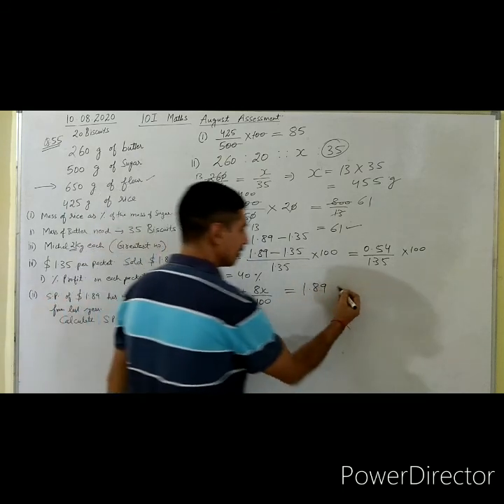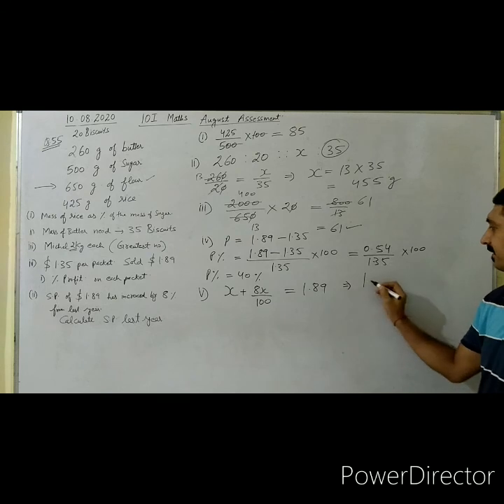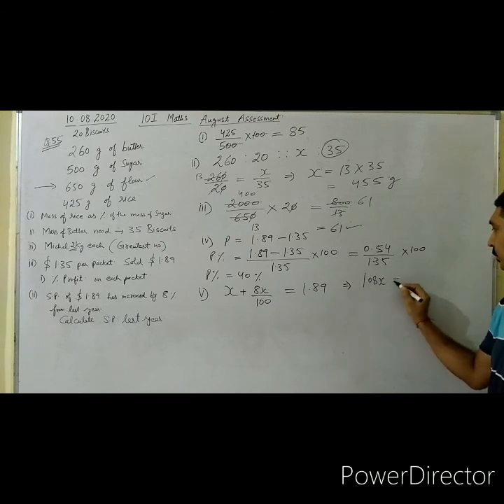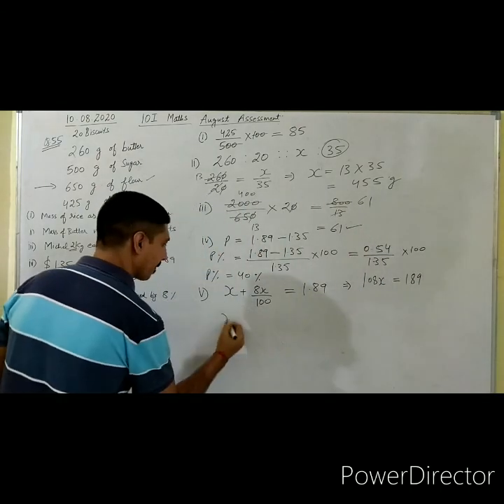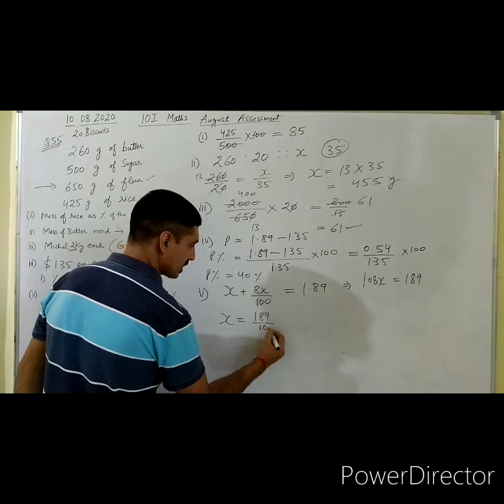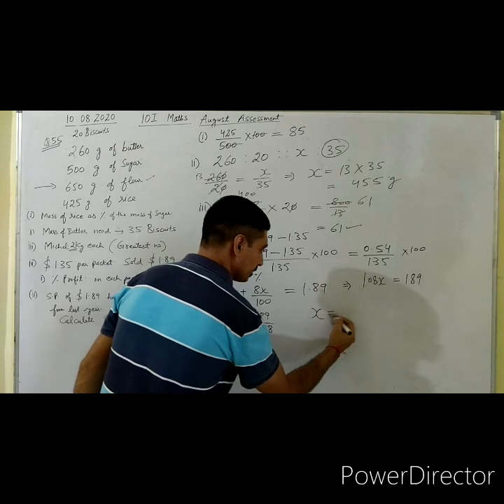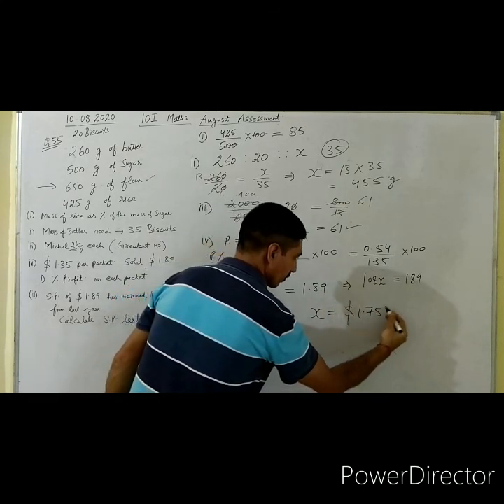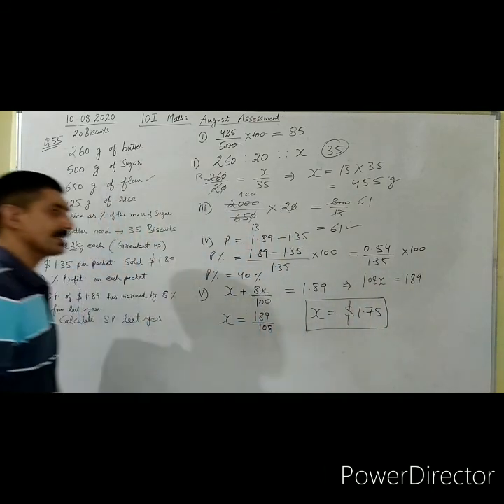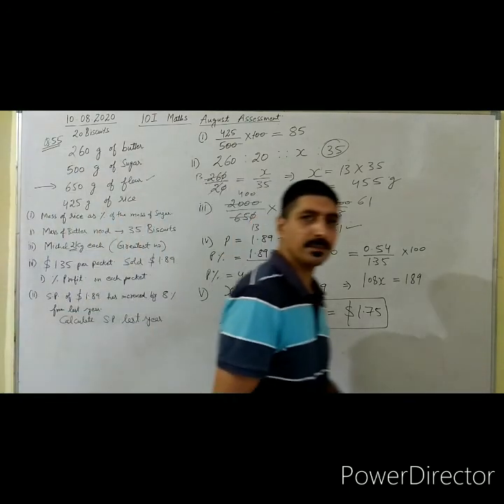This implies 108X is equal to 189, so X is equal to 189 divided by 108, which is near about $1.75.